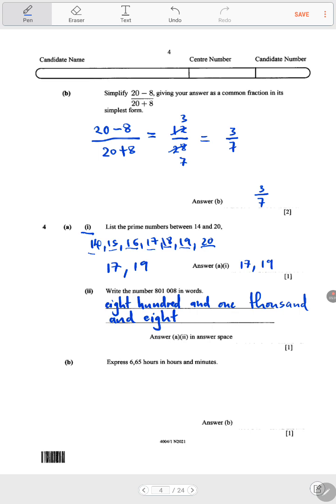And the last question that we're going to look at is for part B, which says express 6.65 hours in hours and minutes. So you're going to realize we have 6.65 hours, right? Which means we have 6 complete hours, but the fractional part is only this one, which is 0.65.